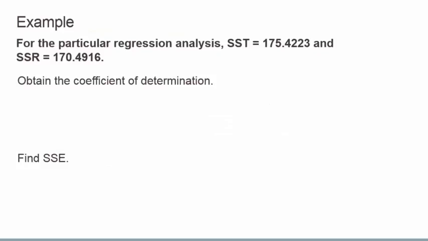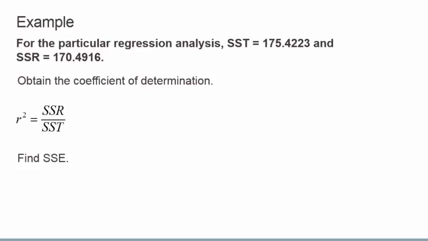Example. For a particular regression analysis, SST equals 175.4223 and SSR equals 170.4916. We want to obtain the coefficient of determination and find SSE. Our formula for the coefficient of determination: R squared equals SSR divided by SST.